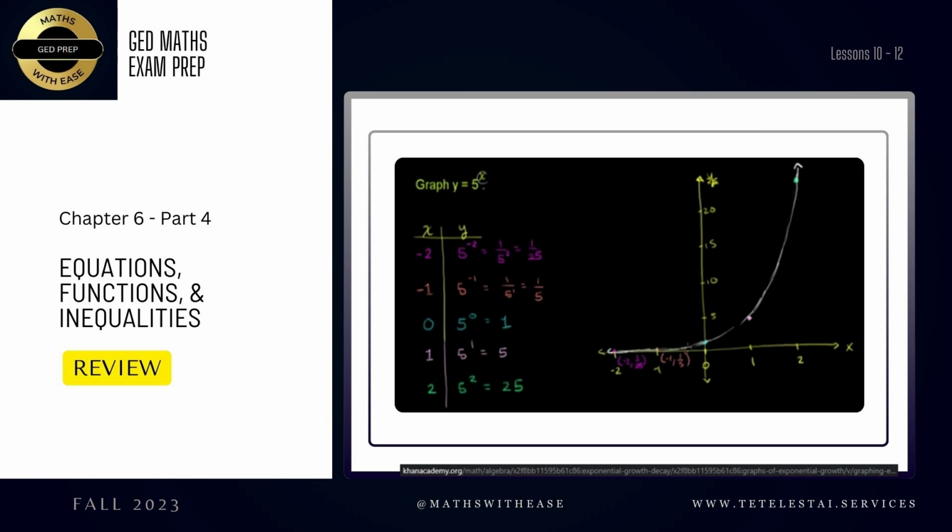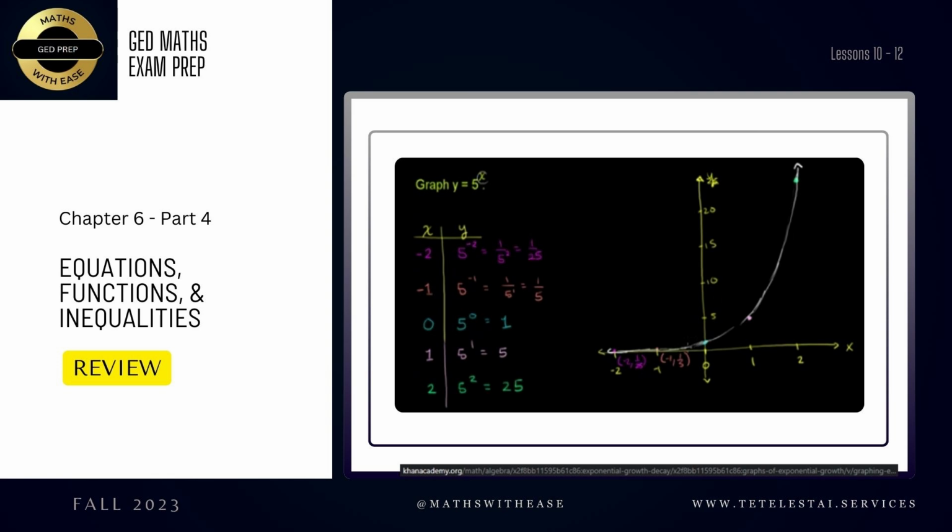Since this graph has 2 arrows at the end of our function, that indicates that this graph continues on and on and on into infinity. So we can say that the domain of this graph is from -infinity to +infinity when we're considering the x-axis. And then we can say that the range of this graph is 0 to +infinity.